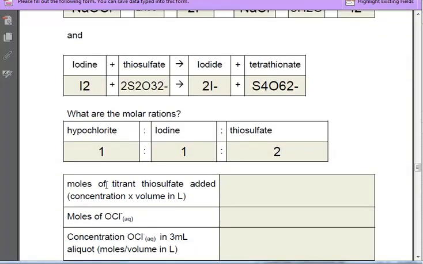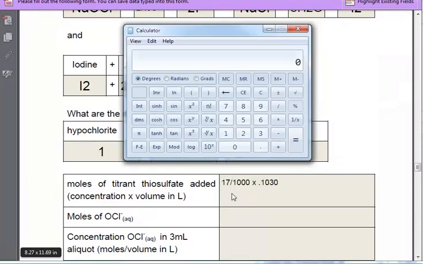Alright, so how much thiosulfate have we added? Well, clearly the average of our titrations was 17, and it's 17 over 1,000 because it has to be converted into litres, times the concentration, which is 0.1030.